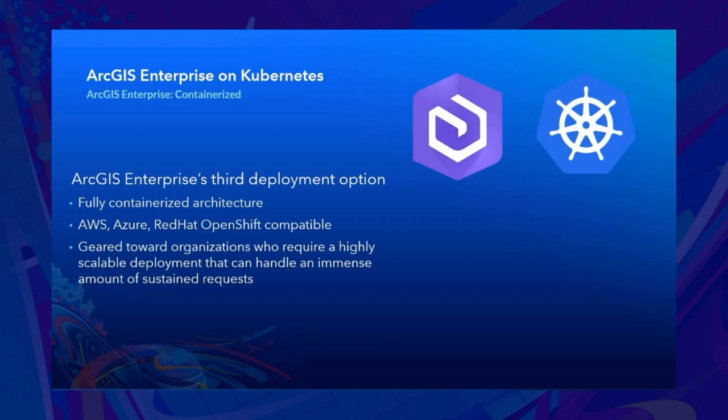Each container is allocated its own resource pool and is orchestrated with Kubernetes, an industry-leading open-source container orchestrator. This release is built for customers who require fast scalability based on unpredictable demand, while also running an efficient cloud environment. Currently, ArcGIS Enterprise on Kubernetes is supported in AWS, Azure, and Red Hat OpenShift.